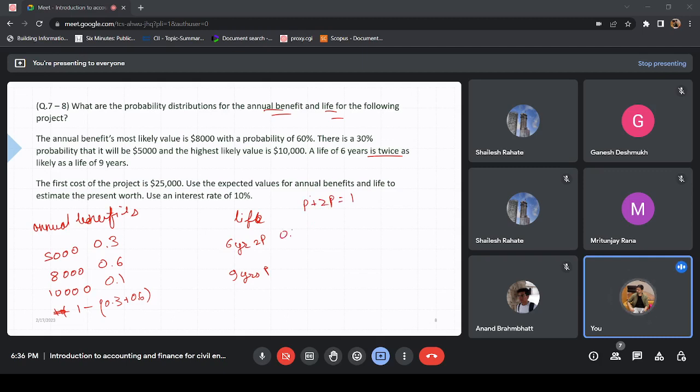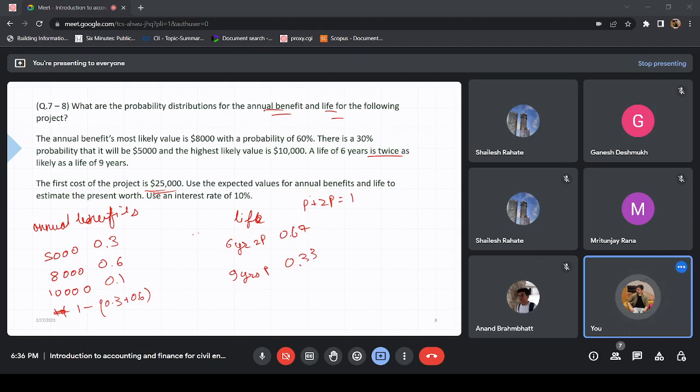So this becomes 0.67 and 0.33. Now the question is, use expected values of annual benefits and life to estimate the present worth when the first cost is given. See, there is no estimate given in the case of first cost. Why? Because you know this directly. This is the one that you can know very well. If you just go to the market and ask, you will know the value, right?